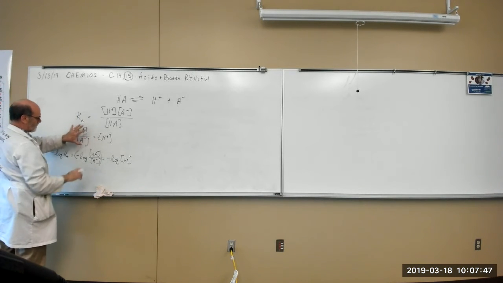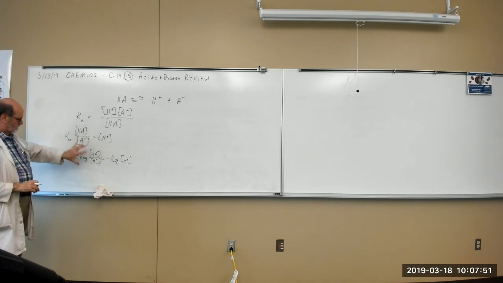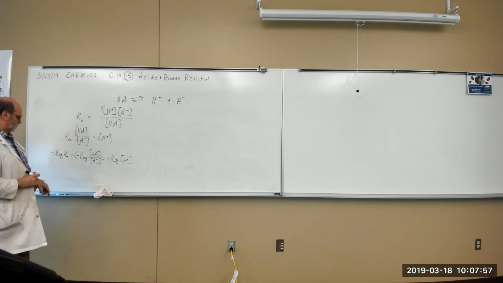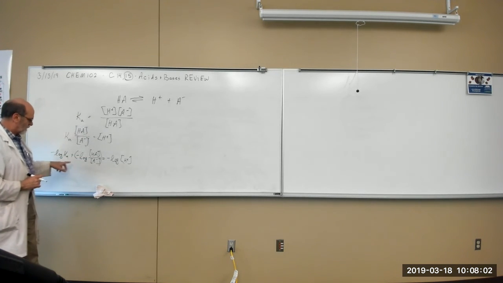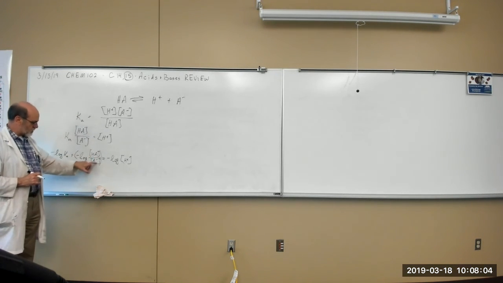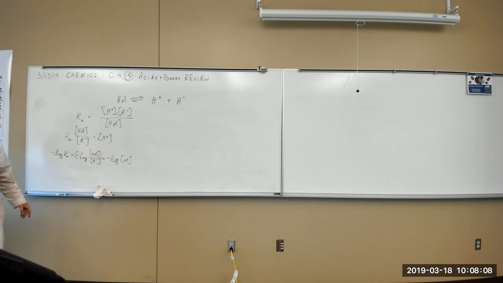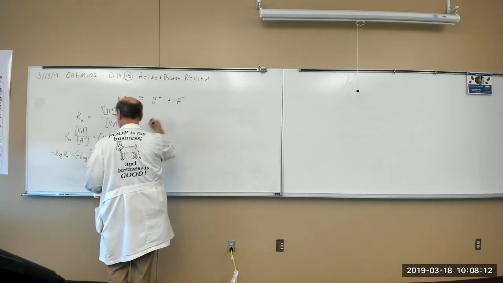This times that. We have to keep this one intact because we don't know what these values are. We usually know what that one is. But what's important here is this ratio, so I'm going to maintain it as a ratio. Now, let's move over here.